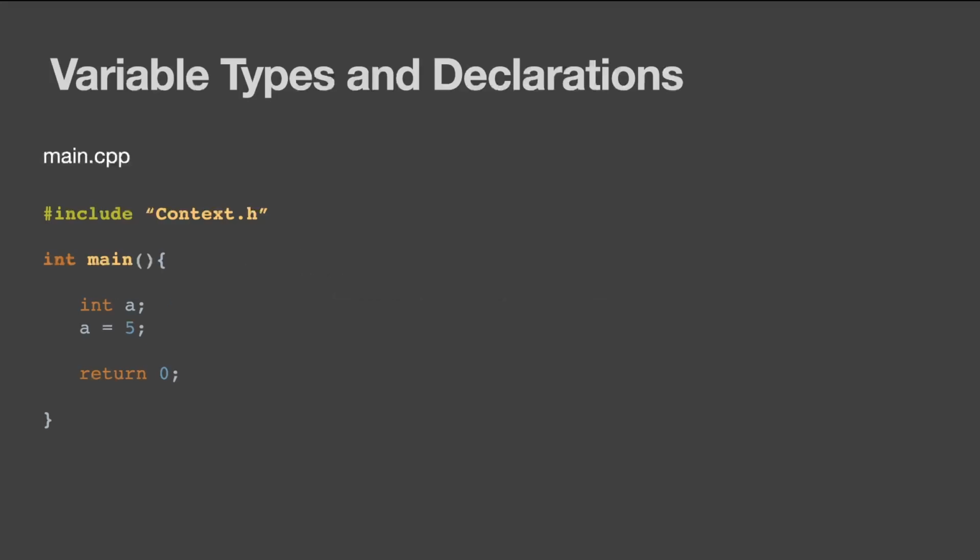We could also declare and initialize our variable in two separate steps. In that previous example, we were doing both of those in the same line, but we could declare our variable, in which case it would be uninitialized for just a brief second, and then we could assign it a value on the next line or somewhere else within our program.